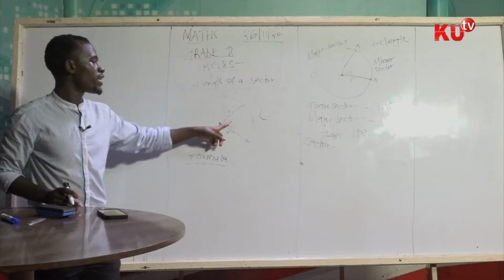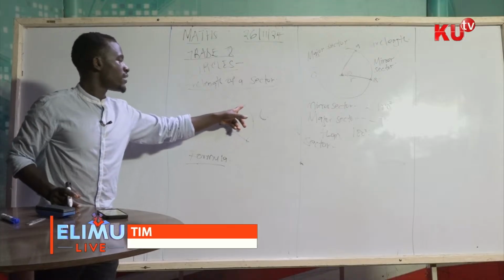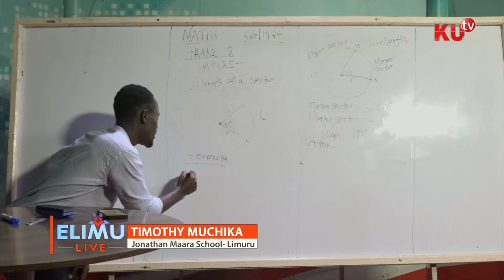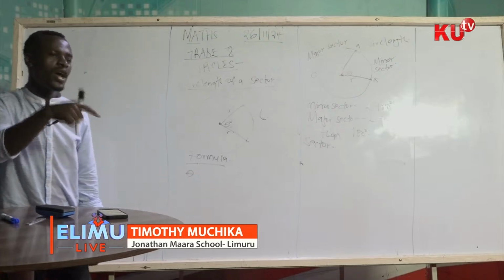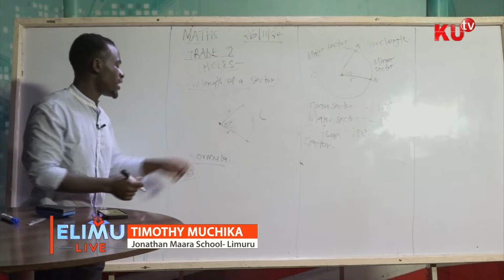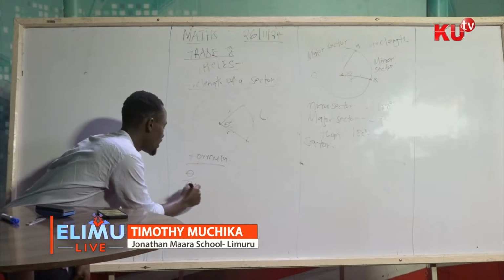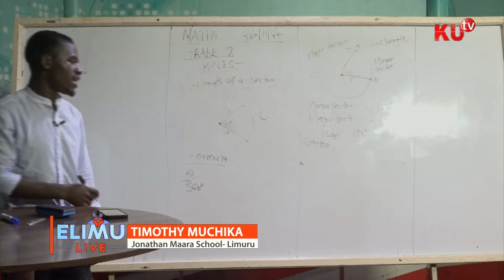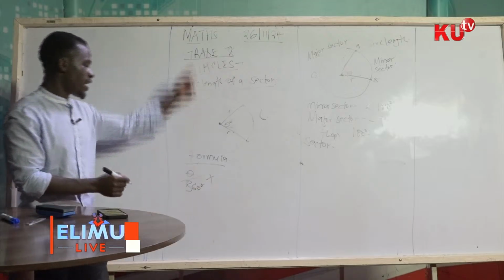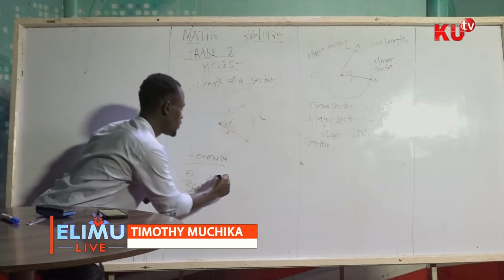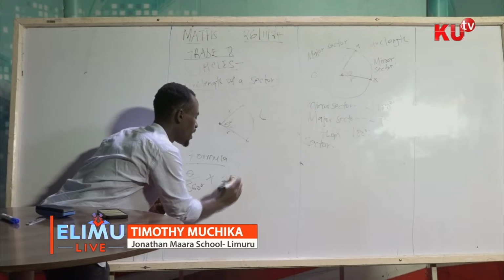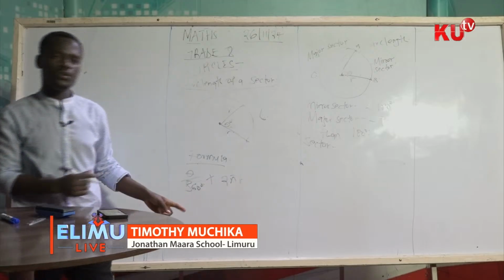And now, because we are simply finding the arc length of a sector, we can take theta out of the whole sum of the angles inside a circle, which is 360 degrees. And then we multiply it by 2 pi r.